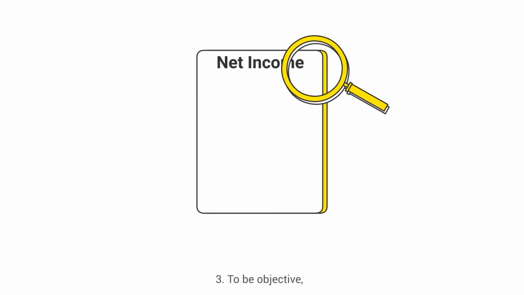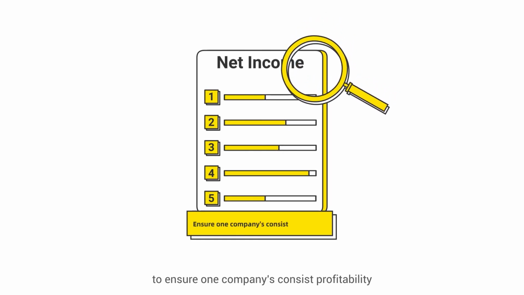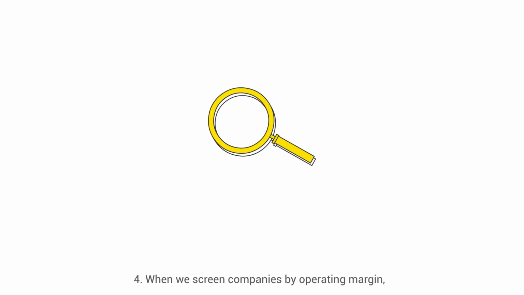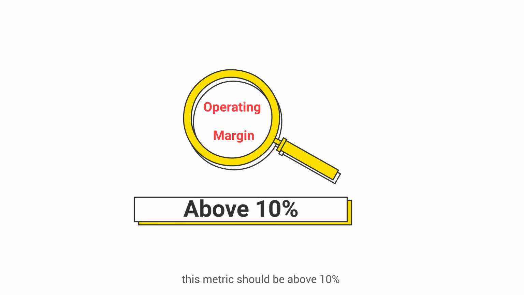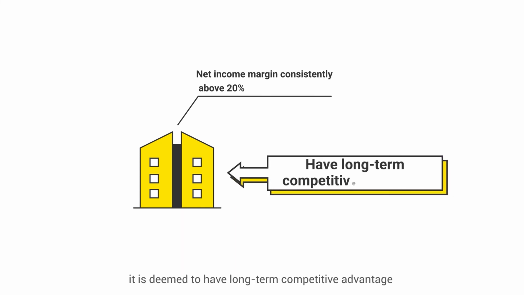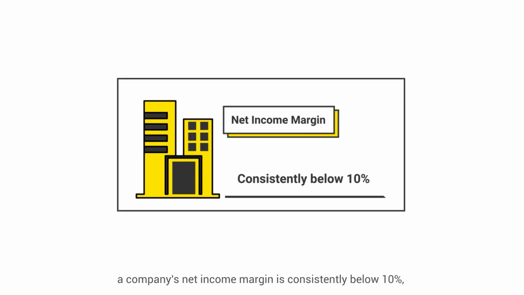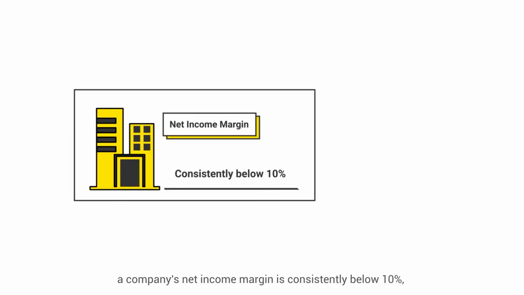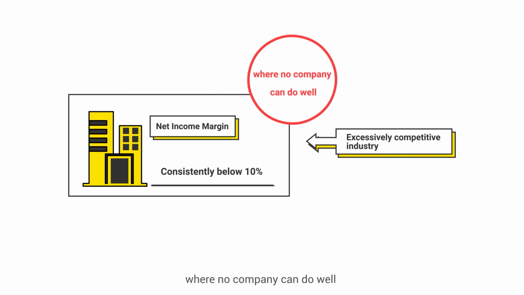To be objective, we should look at gross margin over at least the past 5 years to ensure one company's consistent profitability. 4. When we screen companies by operating margin, this metric should be above 10%. 5. If a company can maintain its net income margin consistently above 20%, it is deemed to have long-term competitive advantage. If, on the contrary, a company's net income margin is consistently below 10%, it is probably in an excessively competitive industry, where no company can do well.